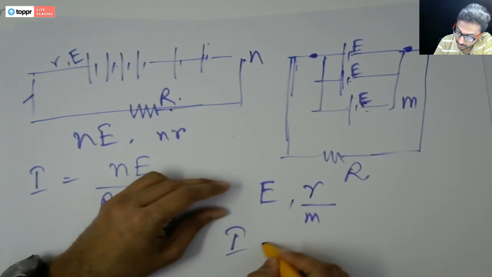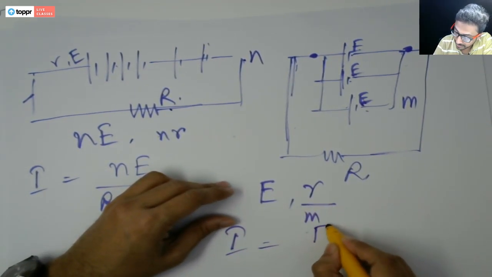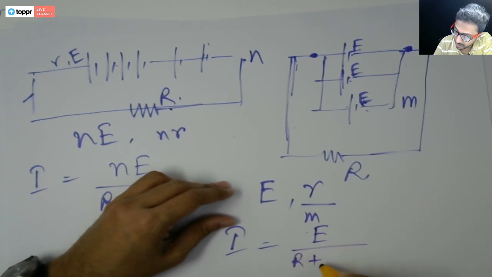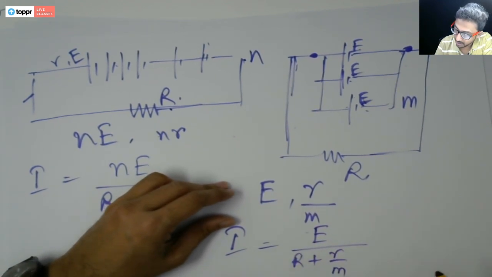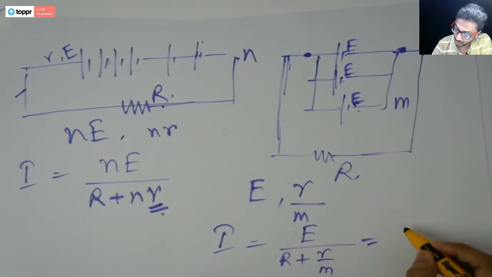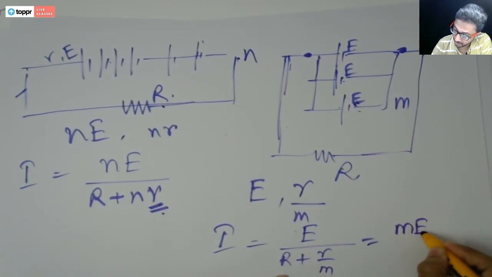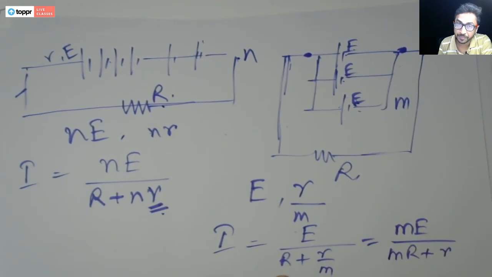So what is the total current? Current is E divided by R plus r by m, which becomes mE divided by mR plus r.